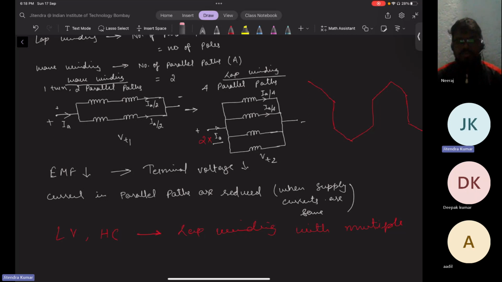In such cases, lap winding you can use, or even in high voltage you can use lap winding with two parallel paths. That is nothing but essentially your wave winding, right? So we can conclude here that for high voltage, low current, wave winding is preferable.